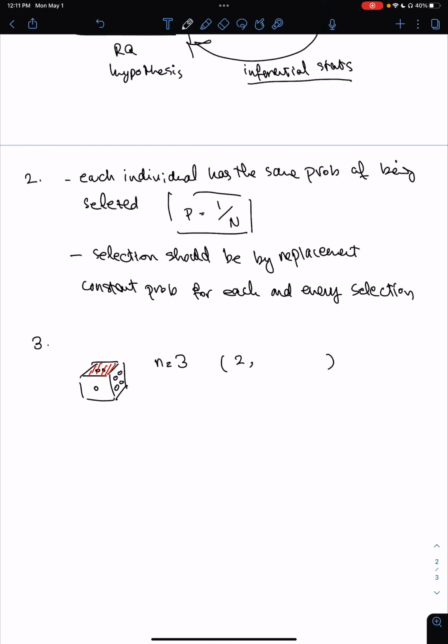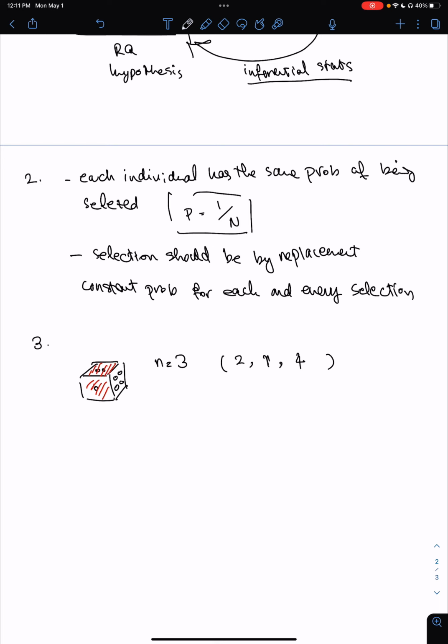The next time you roll, you get 1, for example, and the next time you can't get 1 again, so you'll get 4.